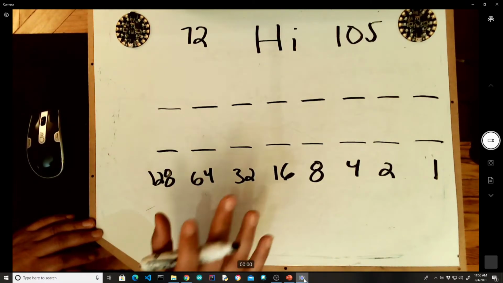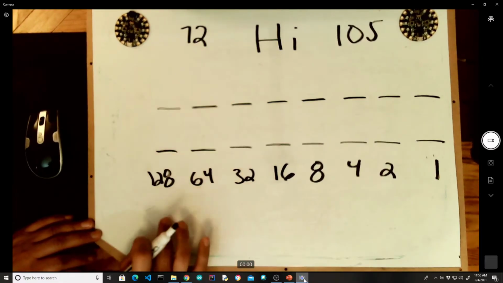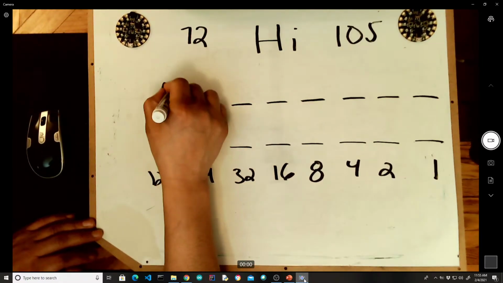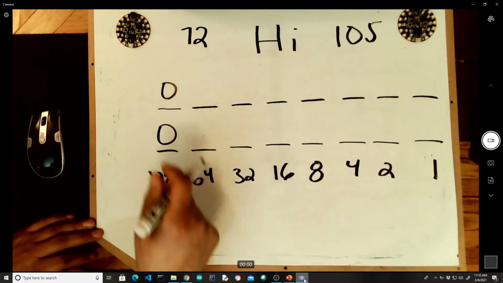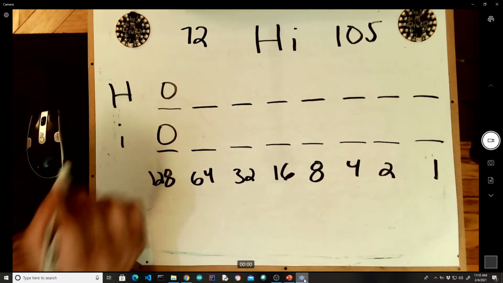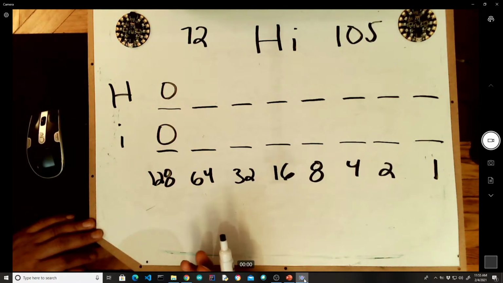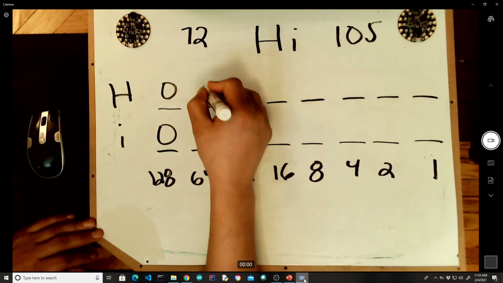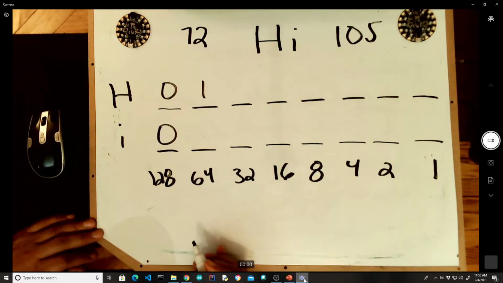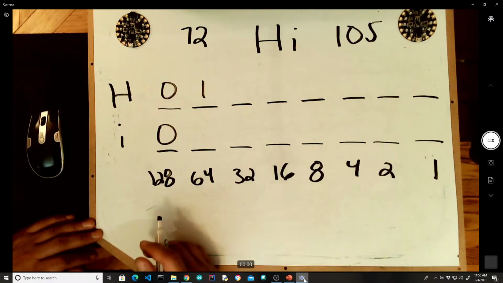Now the goal is to convert that H, which is 72, into binary. This first one is going to be the capital H, and this is going to be the lowercase i. There is no 128; the number is too big to fit. For the H though, we can put a 1 for 64, which leaves 8 left over.